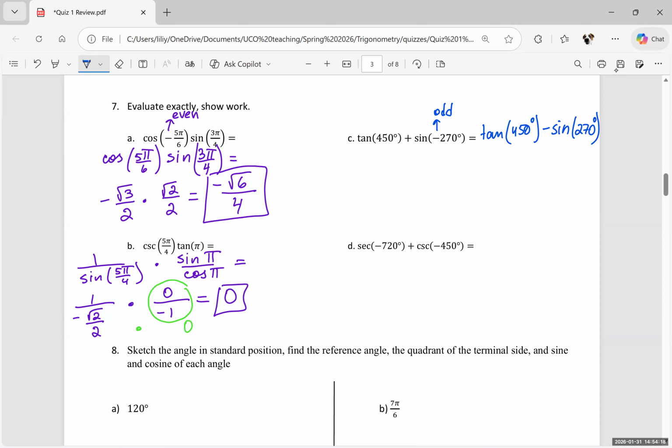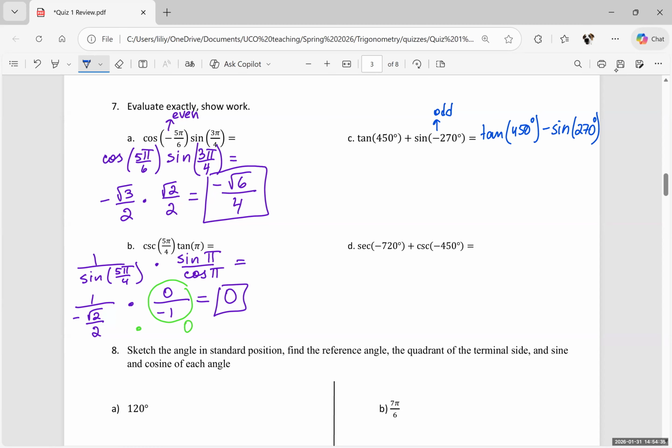Well, 450 is not really on the unit circle, but if we use the coterminal angle, so if we subtract 360 degrees, then we should be on the unit circle.